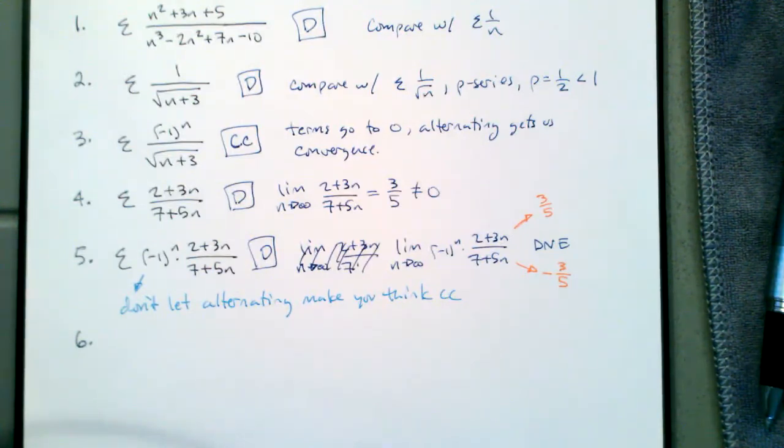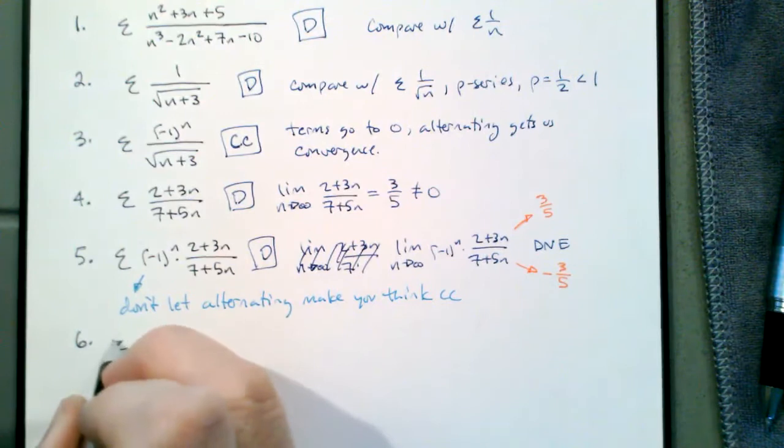There's just not enough of them around compared to the number of the real numbers. Don't let alternating make you think conditional convergence, because then you're just trying to imitate the things that you see.